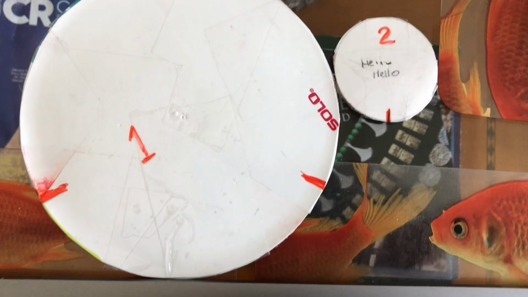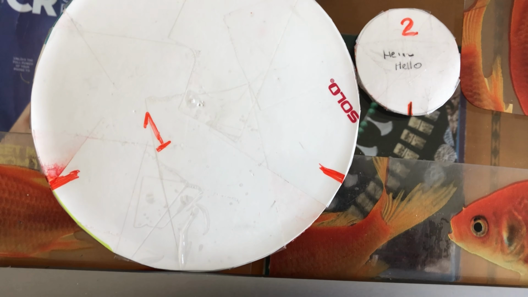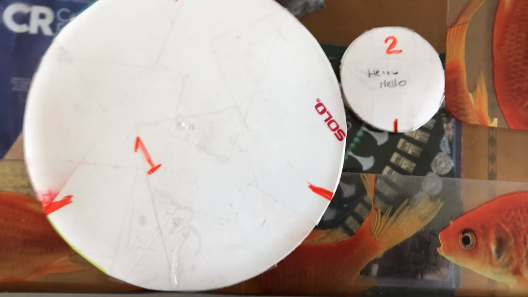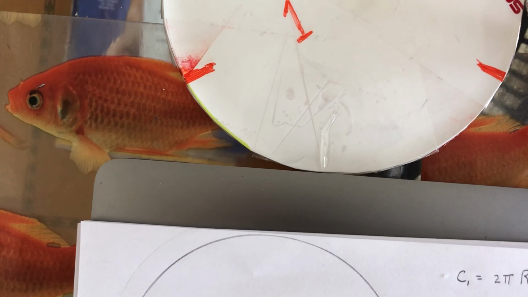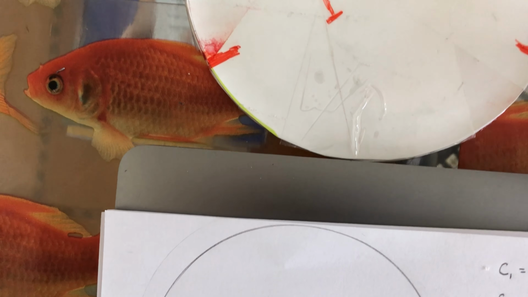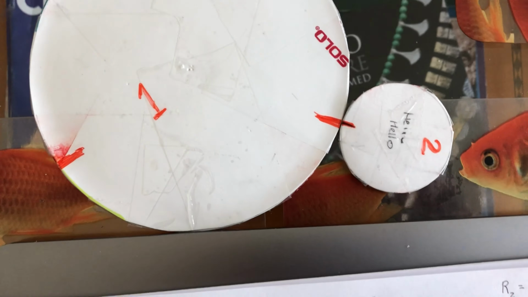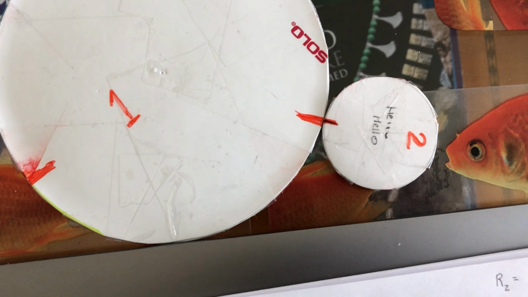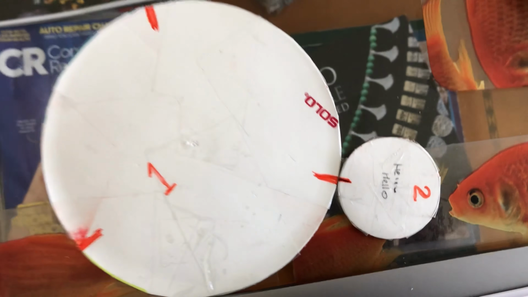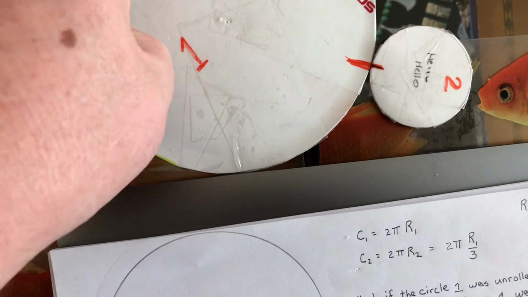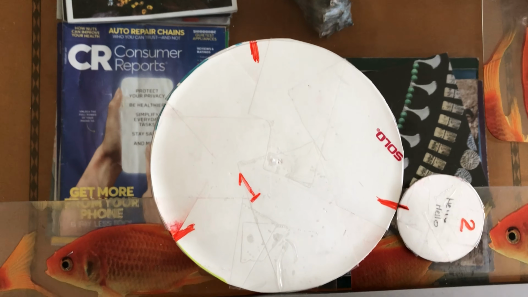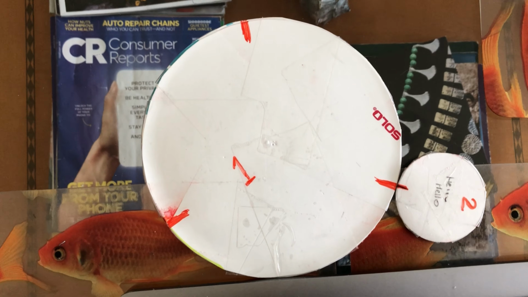But the problem with that is the little disc hasn't made a complete turn until it rolls all the way around so that that point touches the circle again, which is at 120 degrees from the main line of the initial starting point.